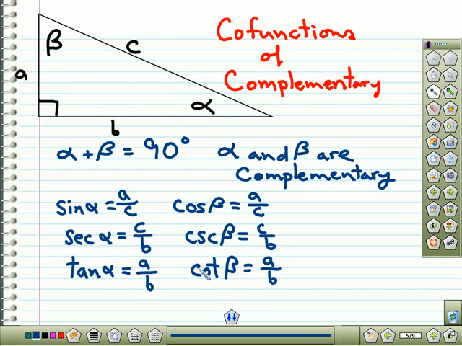by the way, what is the sine of 30 degrees equal? Do y'all remember from yesterday? It's 1/2, right? What is the cosine of 60 degrees? 1/2. That's right.